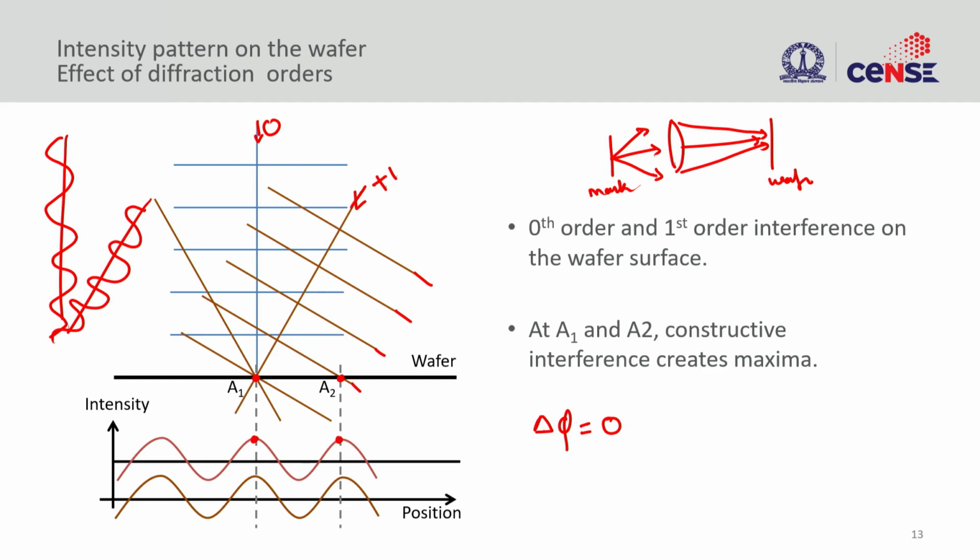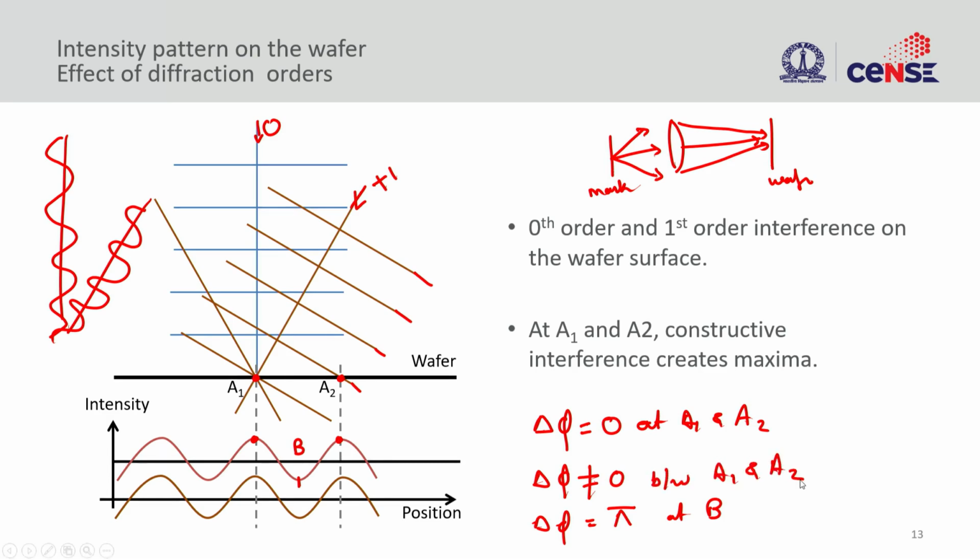Between this A1 and A2, the phase difference is non-zero, and that is the reason you have destructive interference. At some point you have a phase difference equal to pi, and let me name this B. This is at B, and this is at A1 and A2, and between A1 and A2 the phase difference is non-zero.